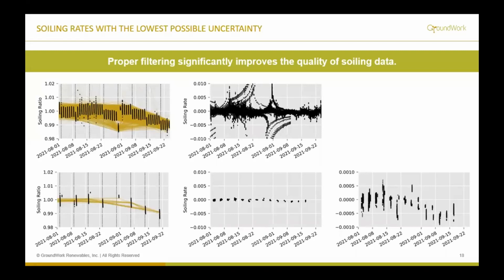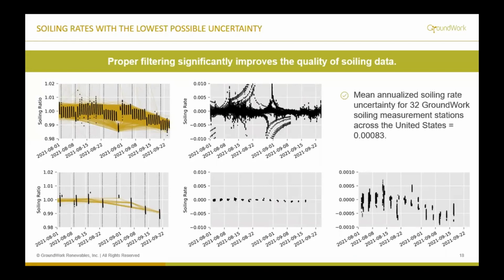We processed a lot of soiling data sets. We looked at 32 data sets that were spread out across the United States. And we came up with this value for a ground-based measurement system that's maintained weekly, where we process the data. We get the uncertainty down to be pretty low.